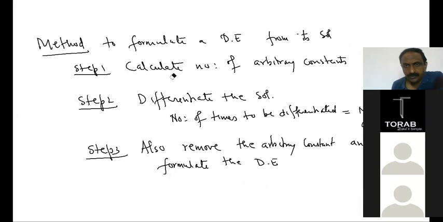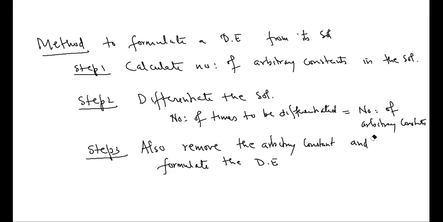Step number 1, calculate the number of arbitrary constants. Step number 2, differentiate. The number of times to be differentiated is equal to the number of arbitrary constants. Have you written all this? Yes, sir. And also remove the arbitrary constants by eliminating them, and formulate the differential equation.